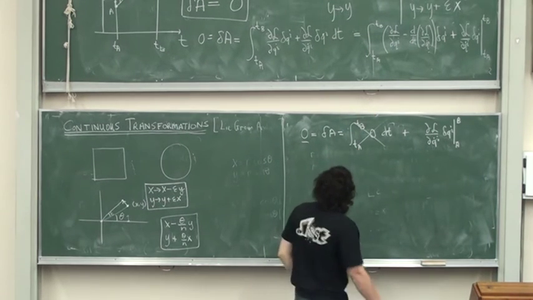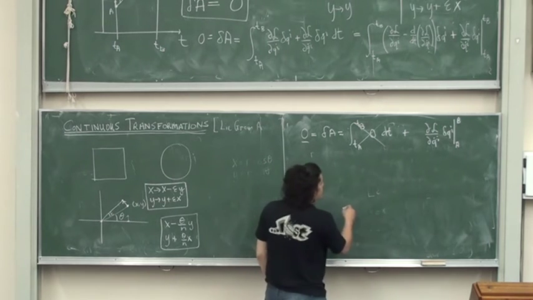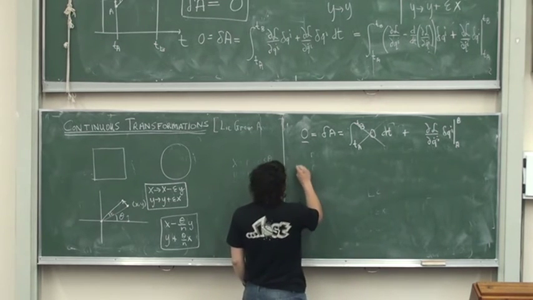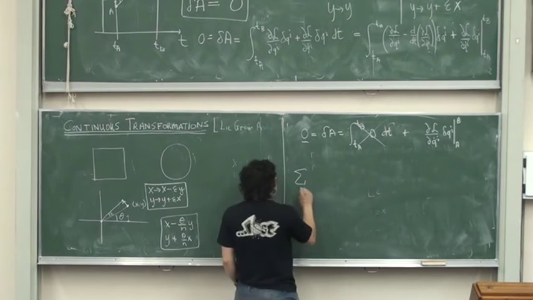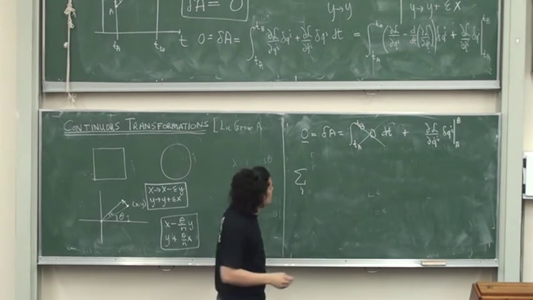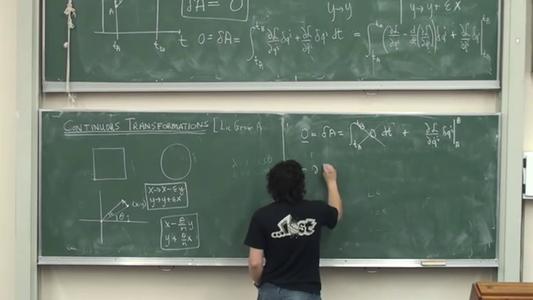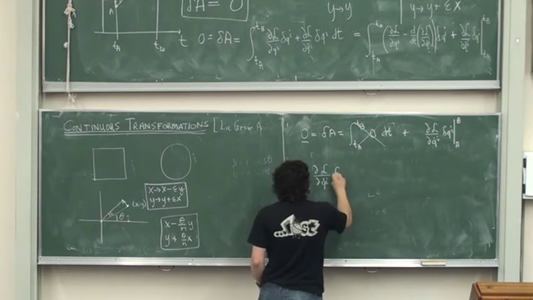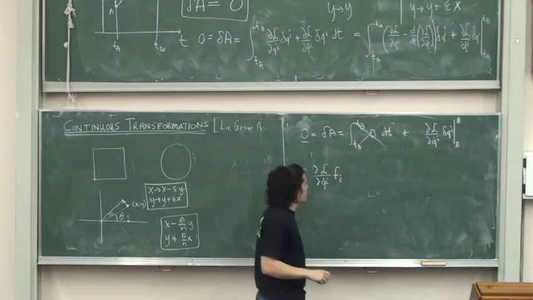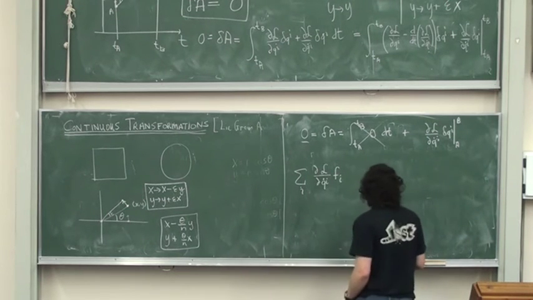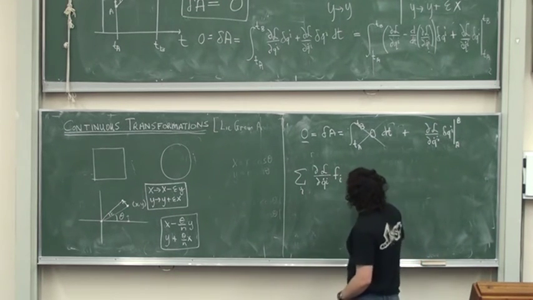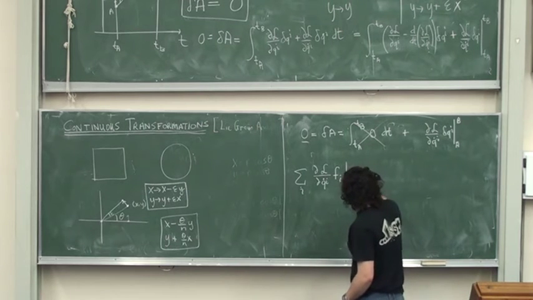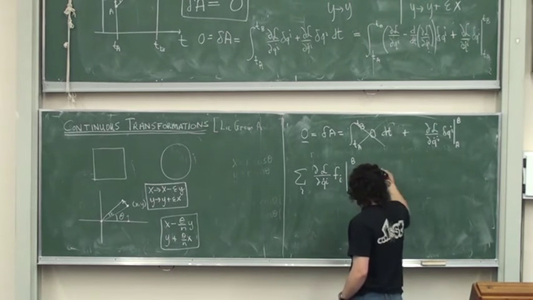So we can write out the sum over i, which I haven't been writing so far, but I'll put it back now, ∂L/∂qi dot Fi, evaluated between A and B must be 0.